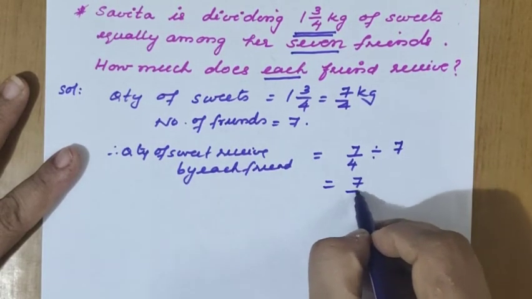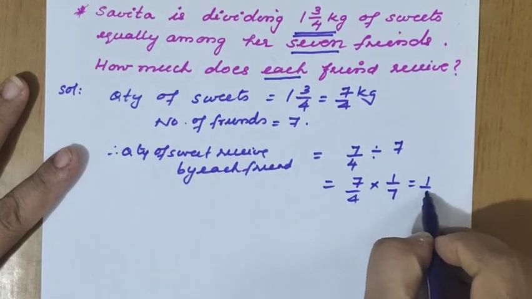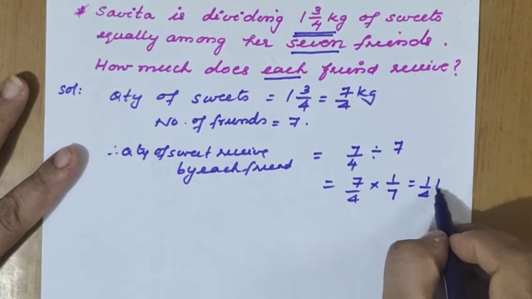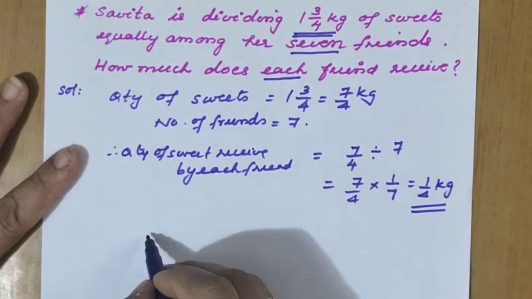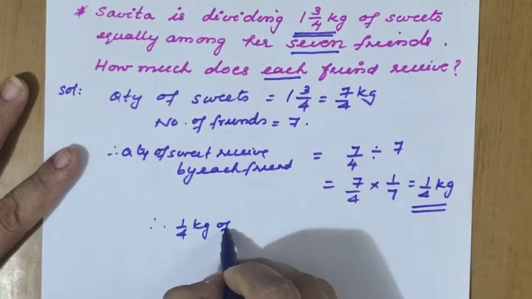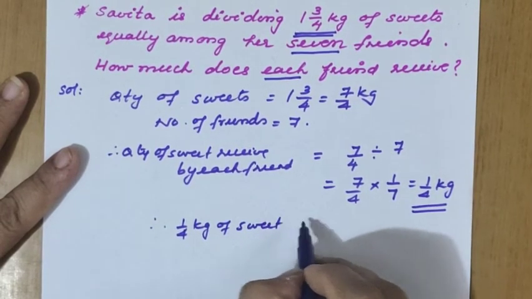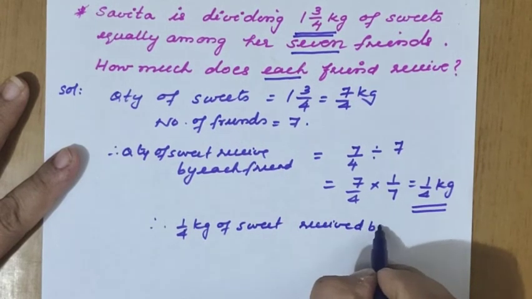Again 7 by 4 into 1 by 7. So it is 1/4 kg of sweets available to each friend. So we can conclude here 1/4 kg of sweet received by each friend.